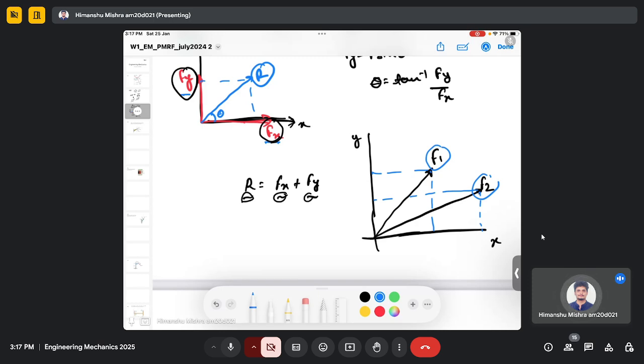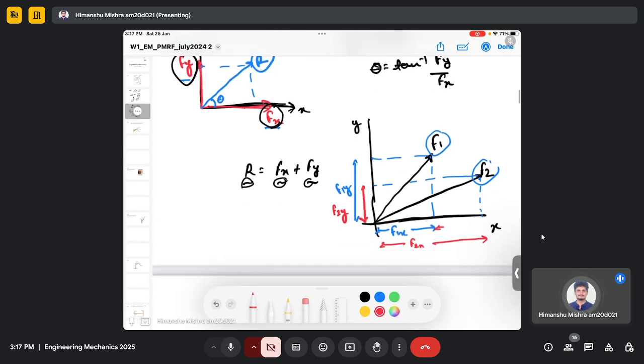So the X component of F1 will be this, and this is the Y component of F1. Similarly, the X component of F2 will be this, and this will be F2Y.